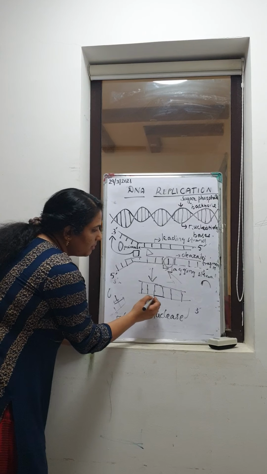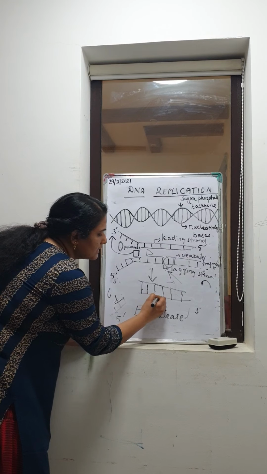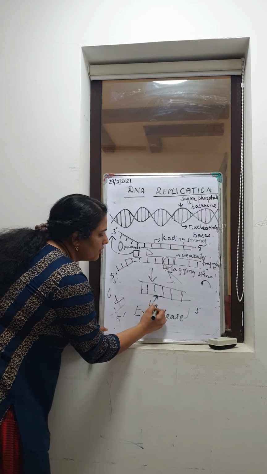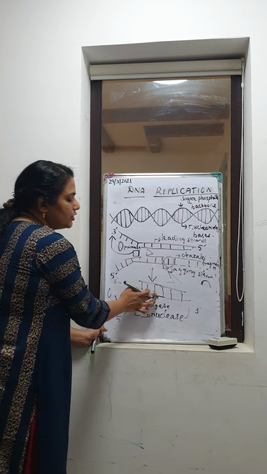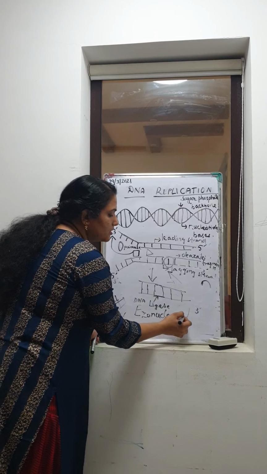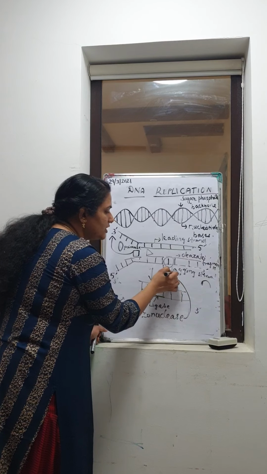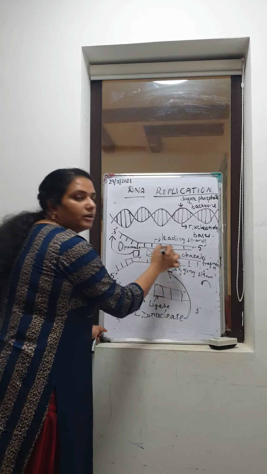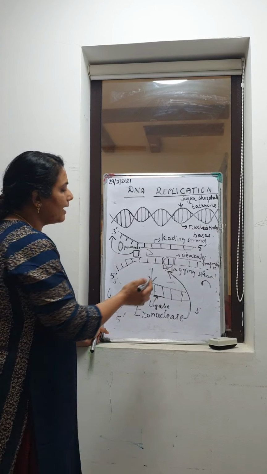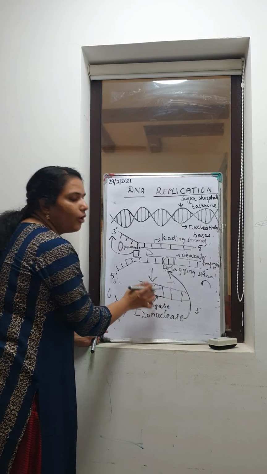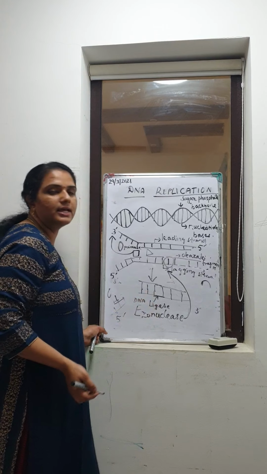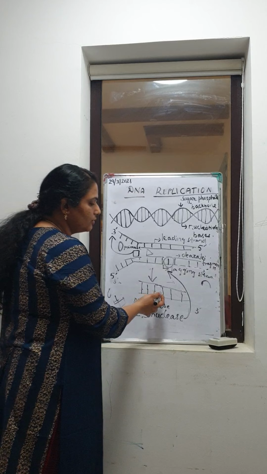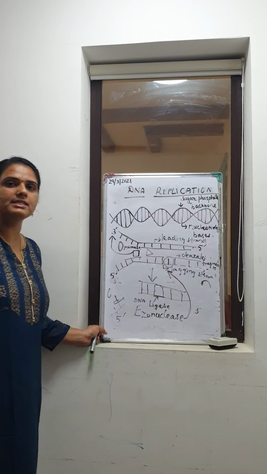This is joined by another enzyme called DNA ligase. DNA ligase is another enzyme which is going to join this strand, while exonuclease is removing the space over here. And it is like a glue. It is joined by the enzyme called DNA ligase, so that a new DNA strand is formed.